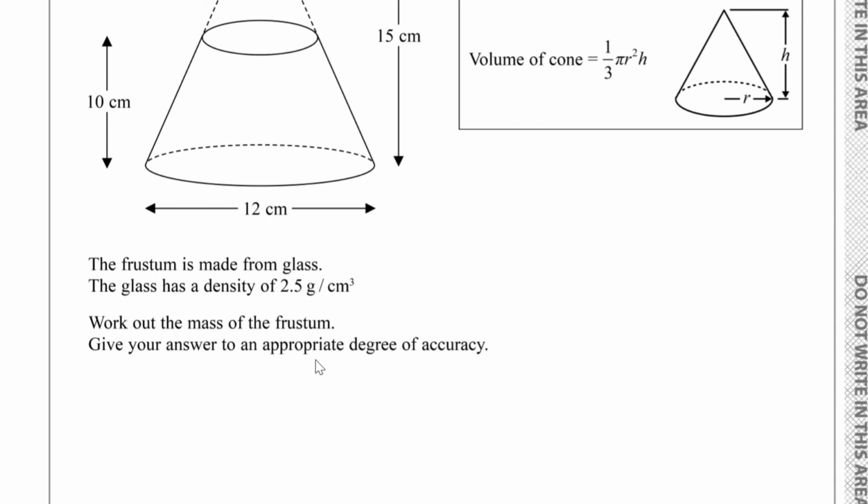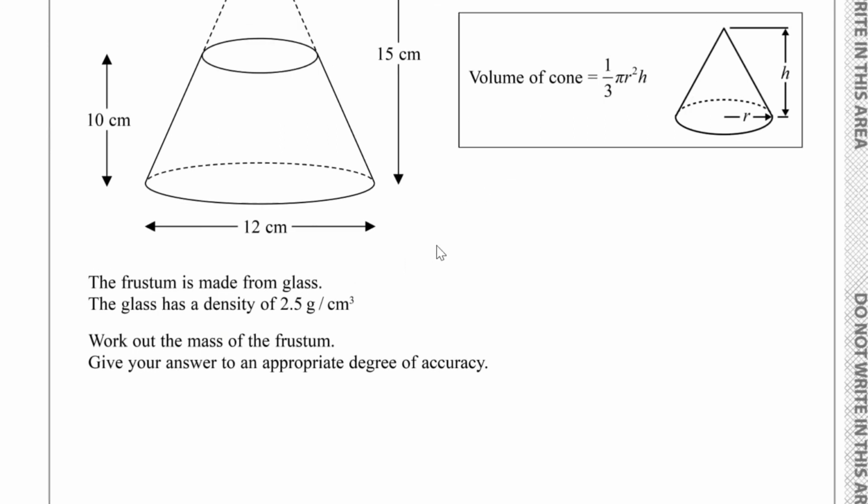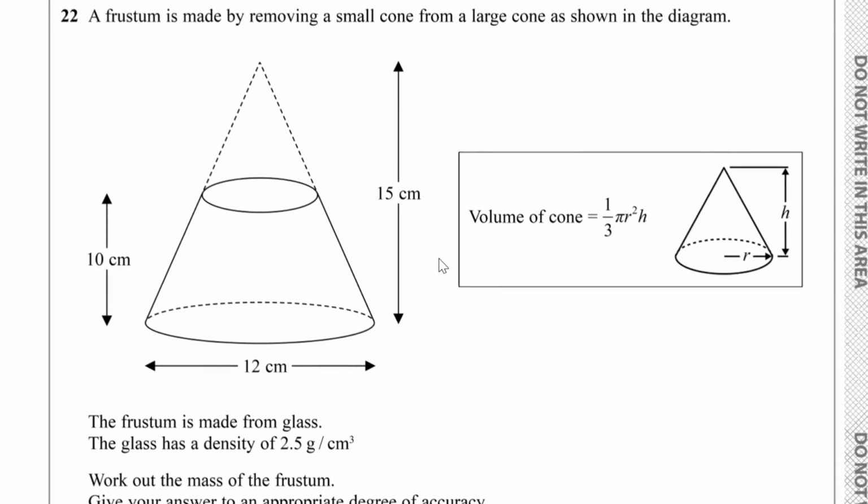So here, first of all, we have something involving a density and the mass, and we need to think to ourselves what formula connects them all. Of course, we know already that density is equal to the mass over the volume. Okay, so let's just show that.